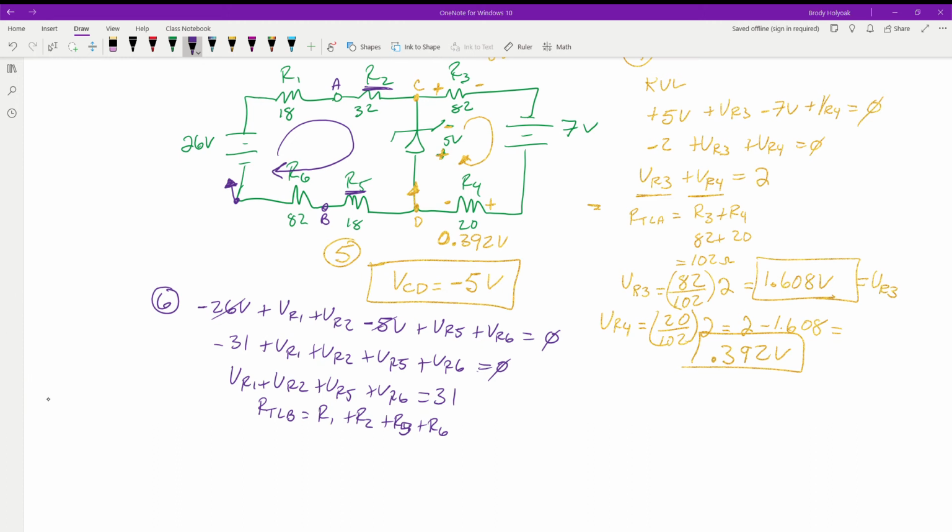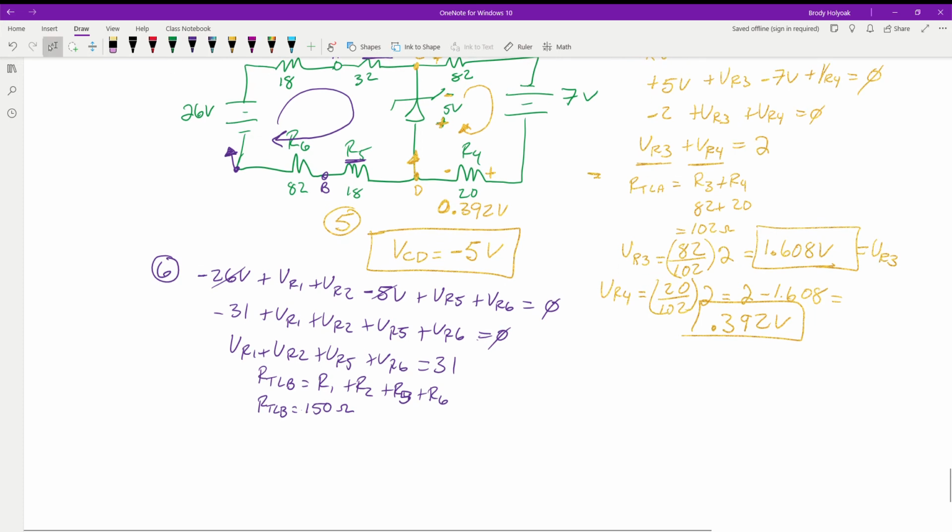So what we have is we've got 18, 32, 18, and 82. So the R total for loop B is equal to 150 ohms. And then the ones we care about is the voltage of R2 and the voltage of R5.